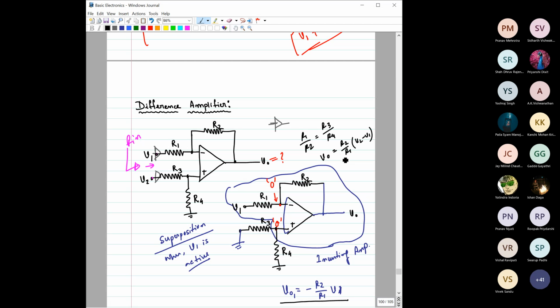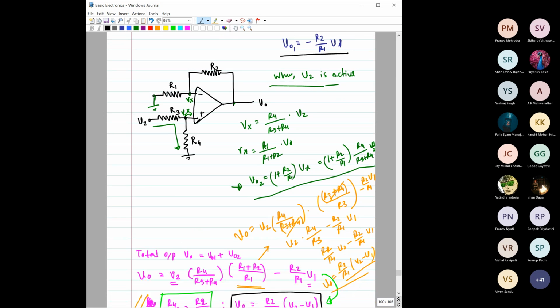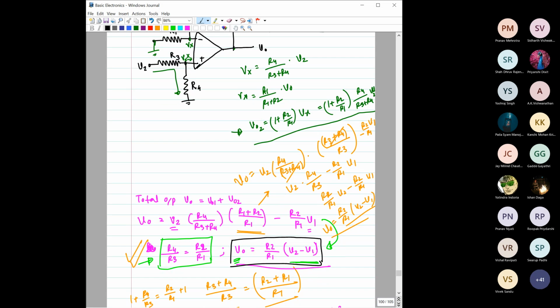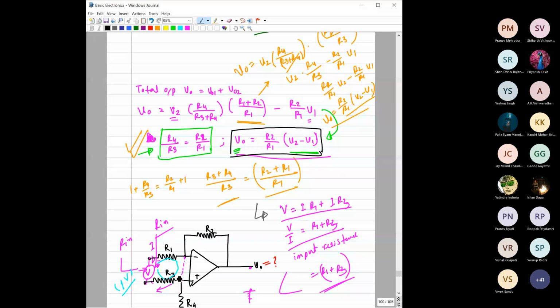But here we have seen a couple of issues. For example, the R in comes out to be simply the resistance of the resistors connected here, R1 and R3, or whatever value you are choosing. So the high input resistance offered by an op-amp is lost, right?